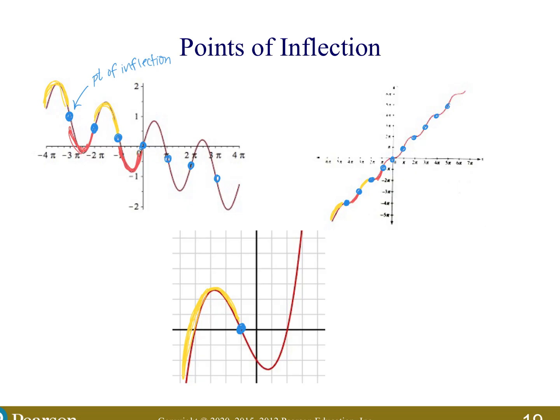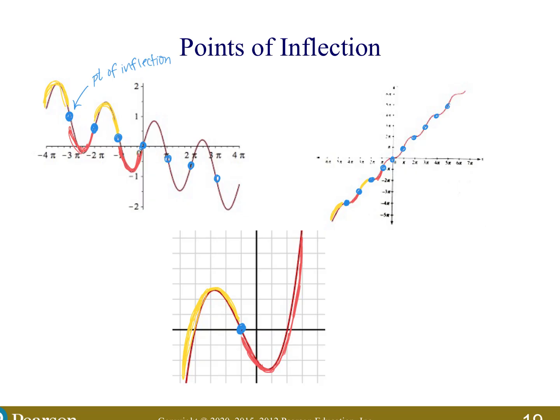The slope even changes to be negative, but it continues to be less than it was before. Then after that point of inflection, the slope is not less than it was before. The slope is more than it was before, and it continues to be more as the slope turns the corner and starts to increase. So we call that the point of inflection.